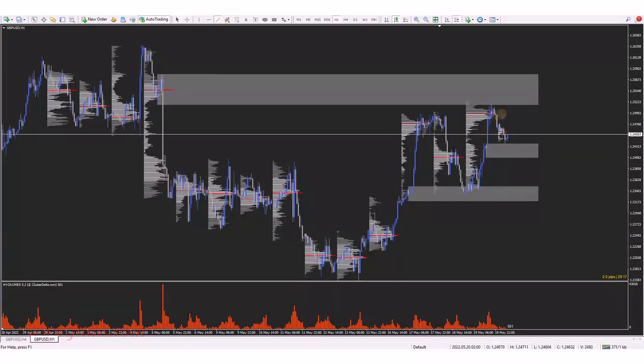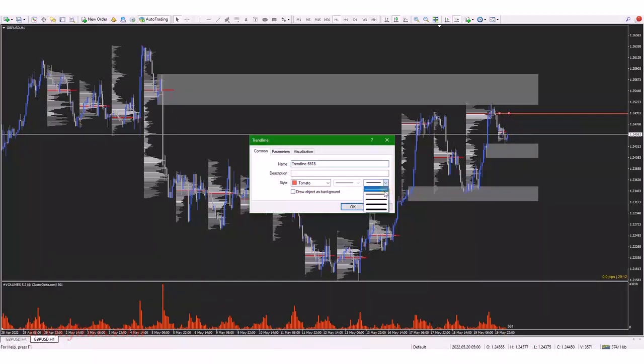I'm drawing the first one somewhere here. I want to make it as these lines. Okay, and I would call this POC from yesterday, so it was 19th of May.